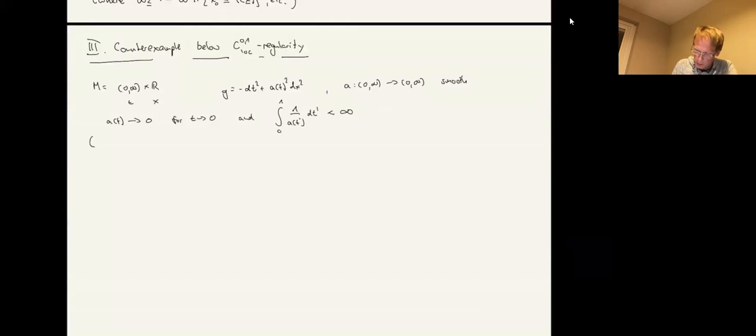And so, for example, take a(t) = t to the p with p between 0 and 1. So I want to now construct two extensions which have a regularity below local Lipschitz such that the statement of the previous theory fails.